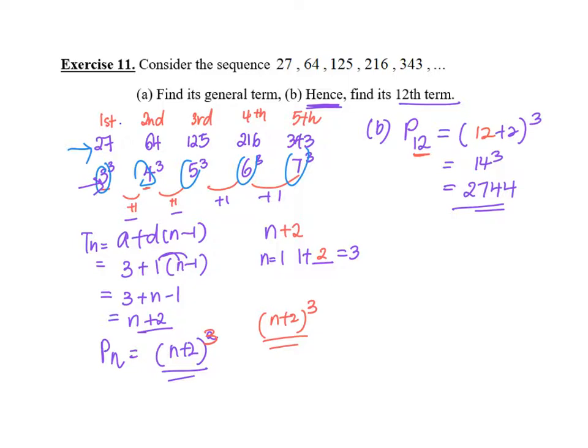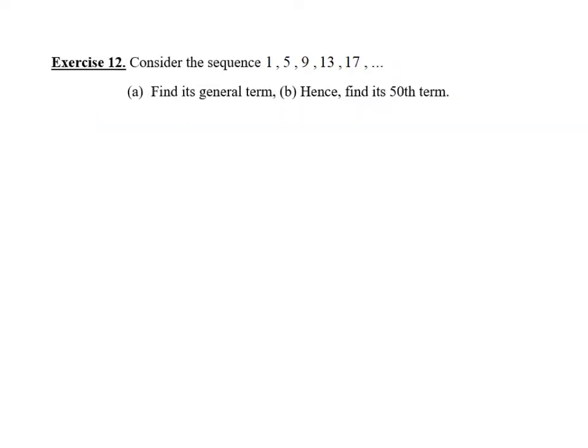Have you found the answer? Consider exercise 12, the sequence 1, 5, 9, 13, 17. These numbers are increasing steadily. So I have 1 plus 4 to give you 5, plus 4, plus 4, and plus 4.